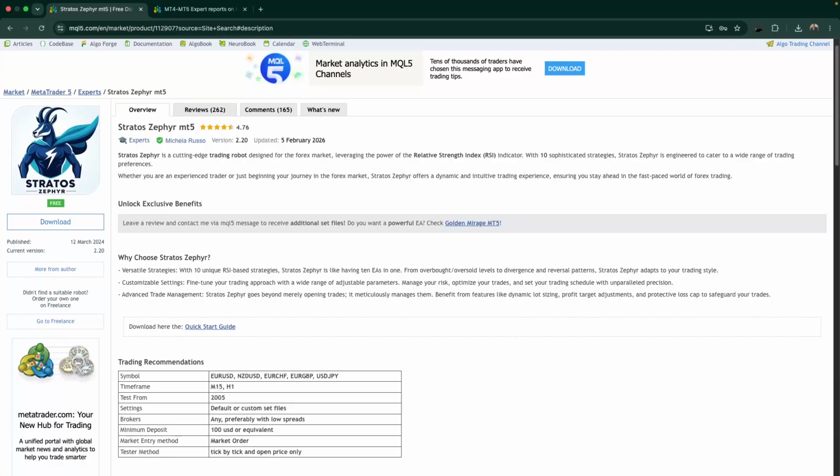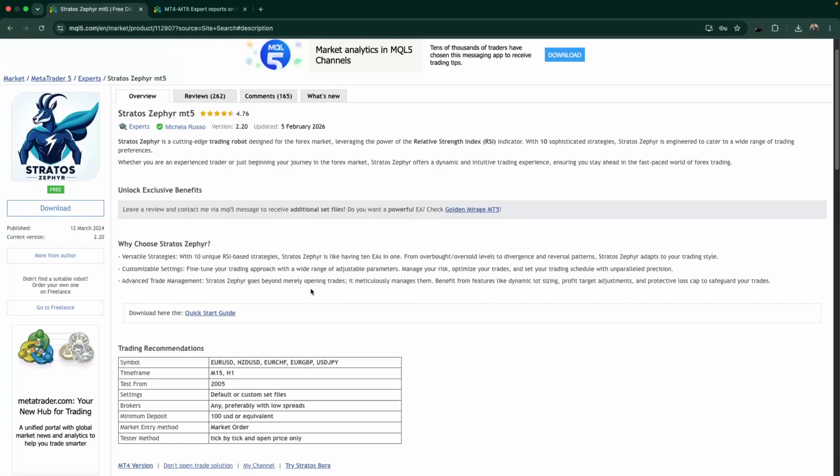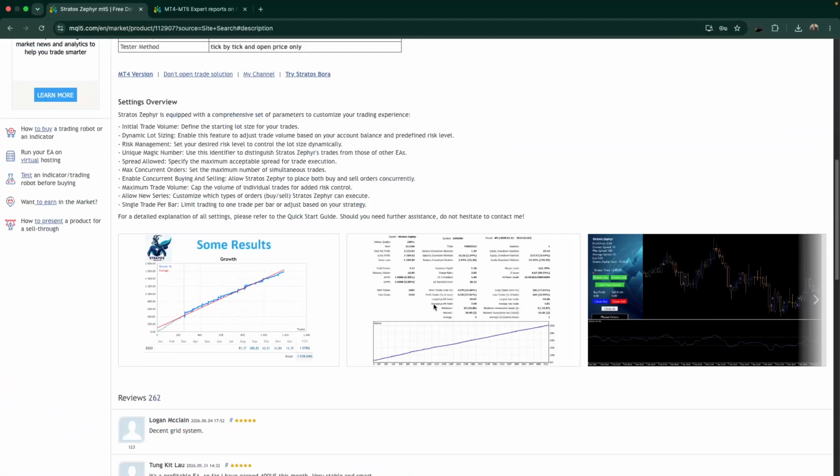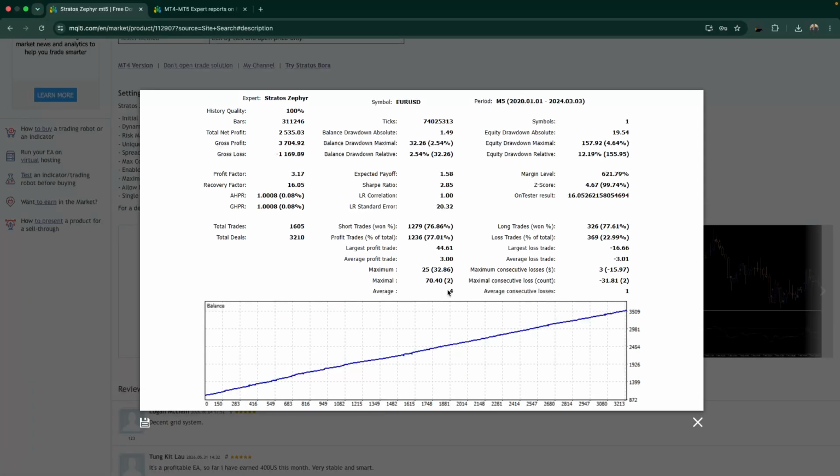It includes take profit targets, risk-based lot sizing, loss cap protection, trading session filters, and various close rules. The seller highlights some good numbers in backtest, with win rates at 77%, profit factors of over 3.17, and very low drawdowns of 4.64 on the equity and 2.54 on the balance. This is showing clean performance on EURUSD in their backtest.